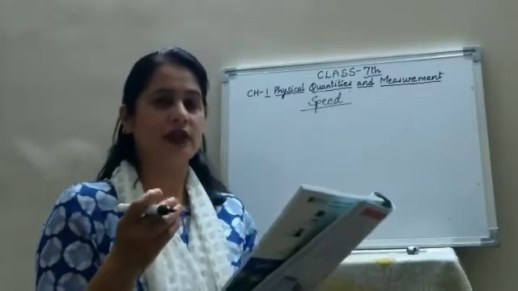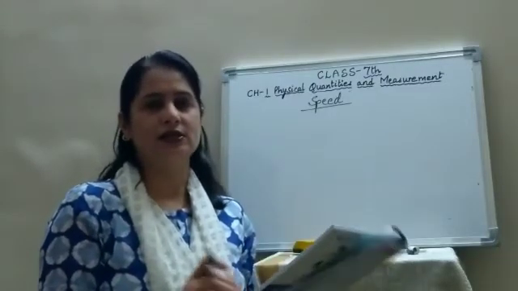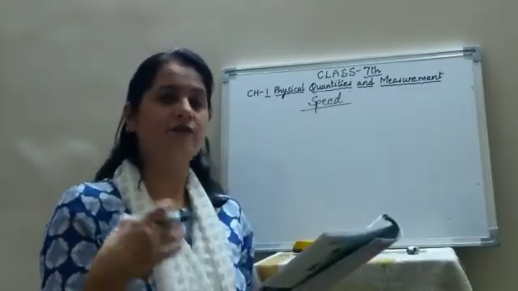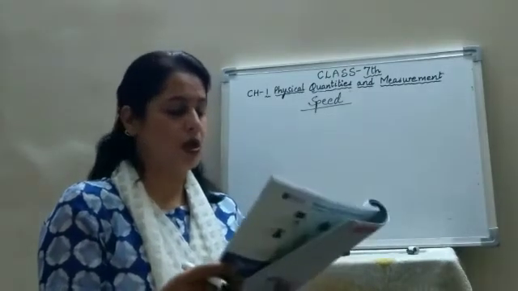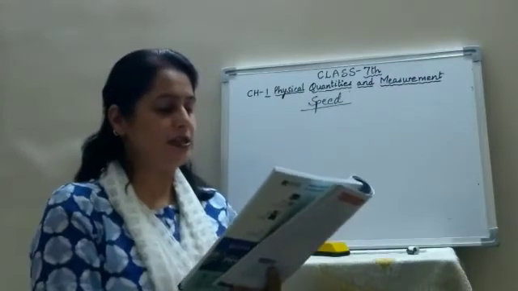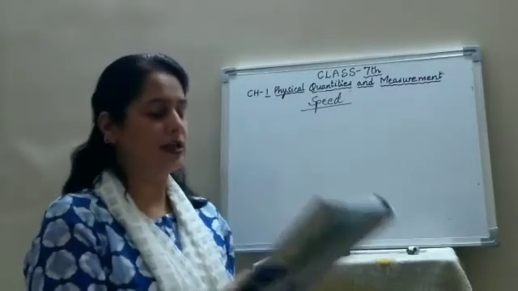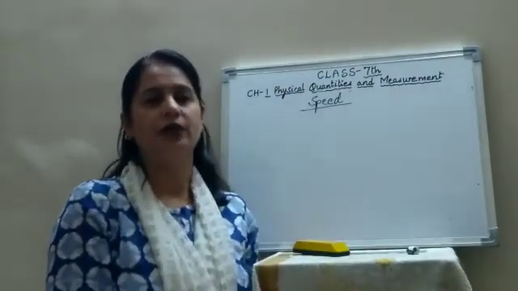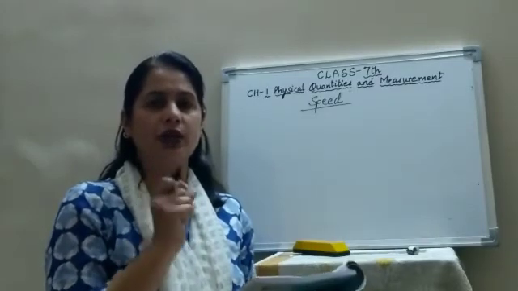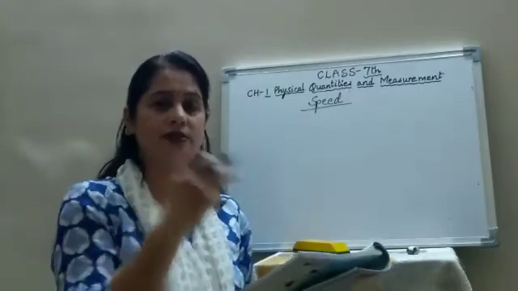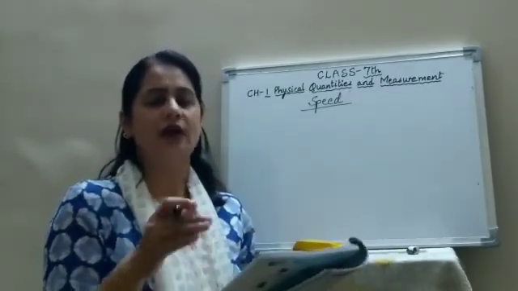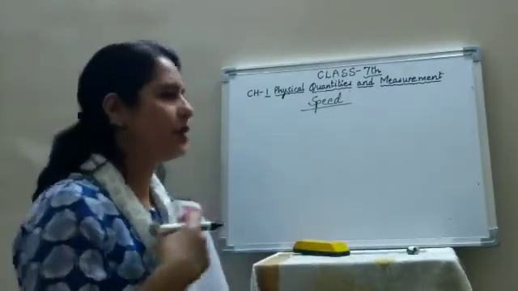If the car is running slow, the speed is less. If the car is running fast, then you say the speed is more. So, the speed is defined as the distance travelled by the body per unit time. In one time period, how much distance the body is travelling, that is called as speed.